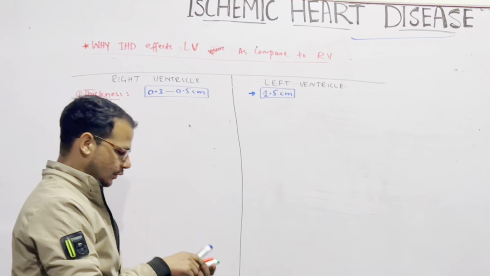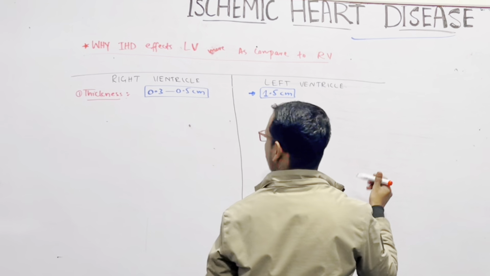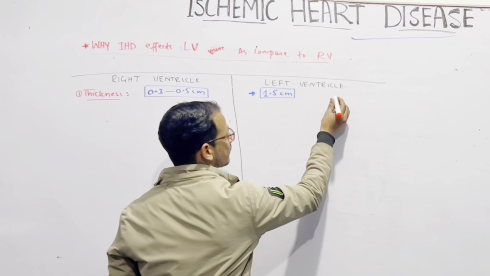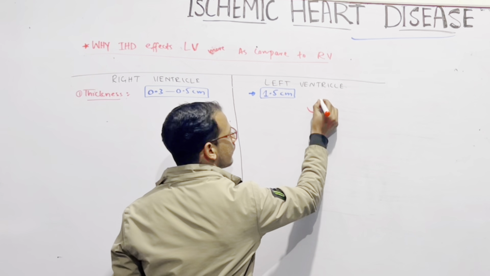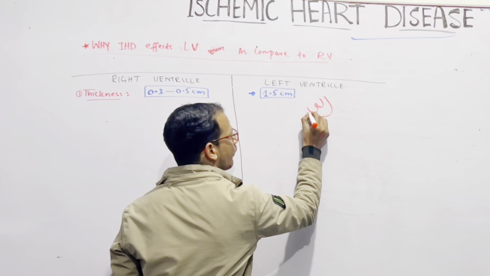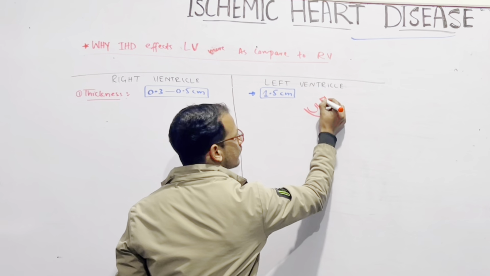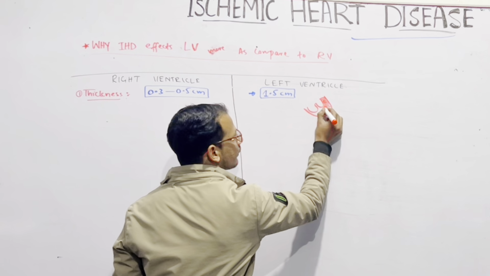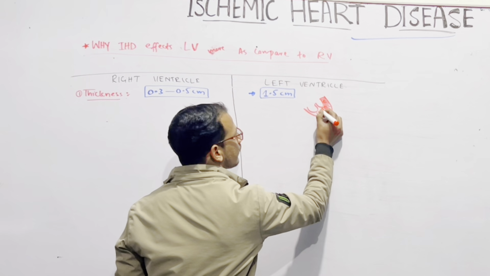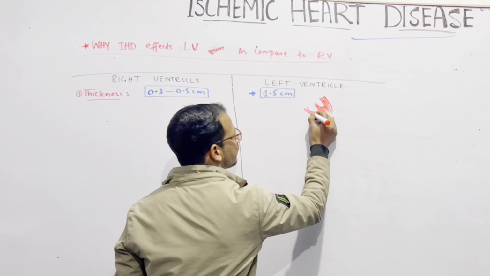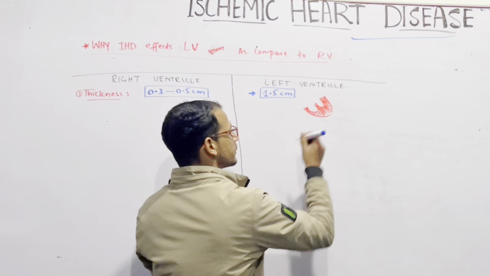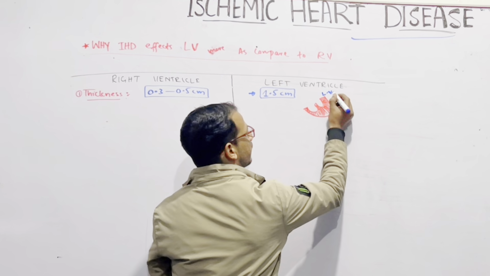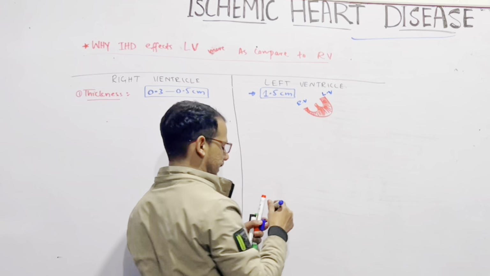For example, we are taking ventricles here. This is the thickness of the myocardium. This is the left ventricle, and this is the right ventricle.